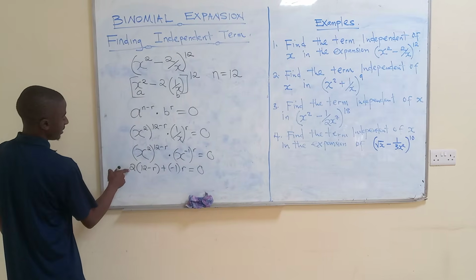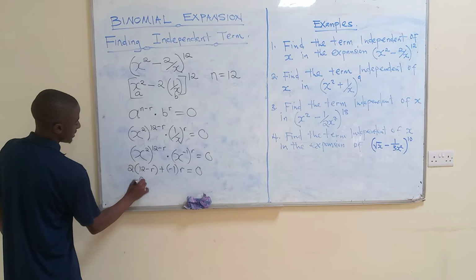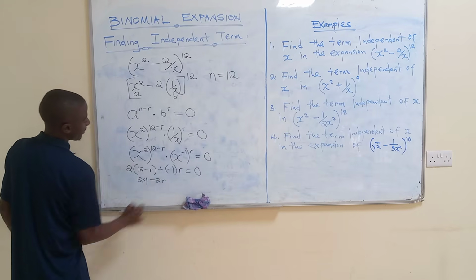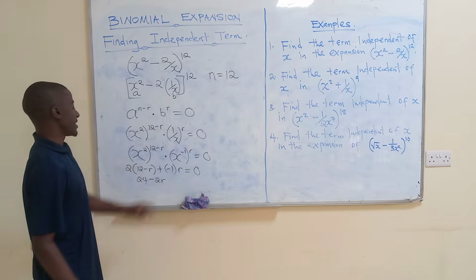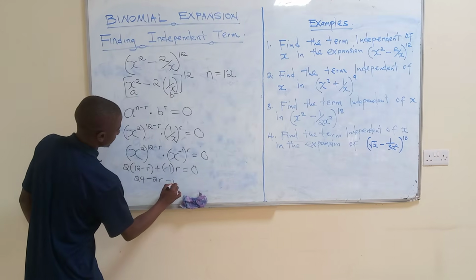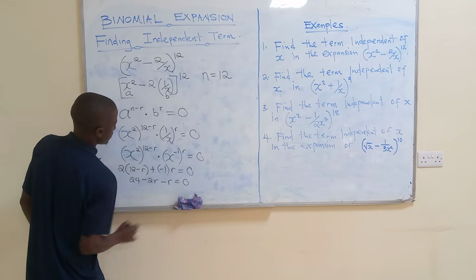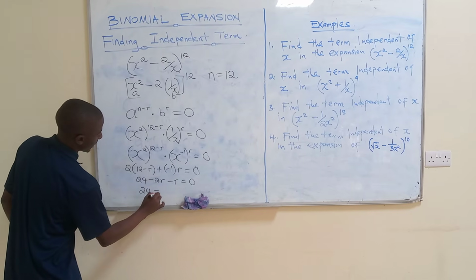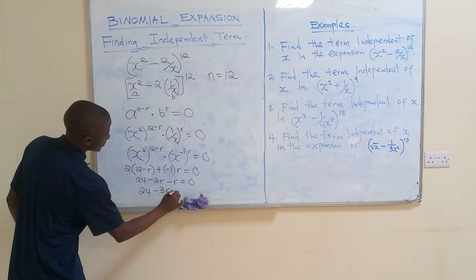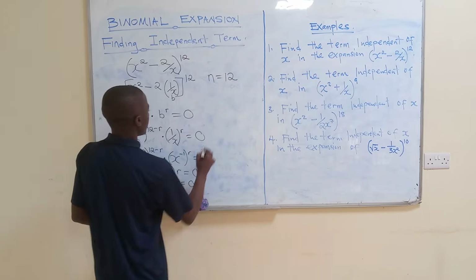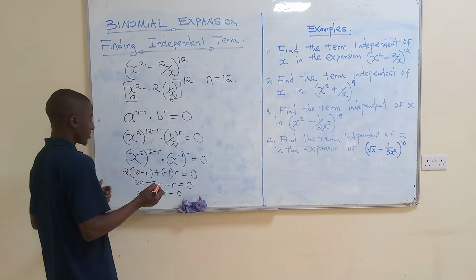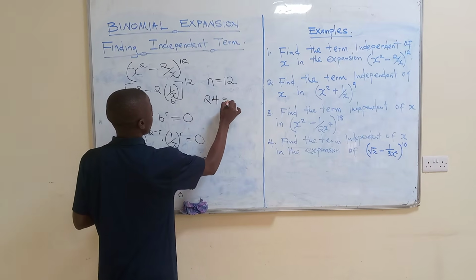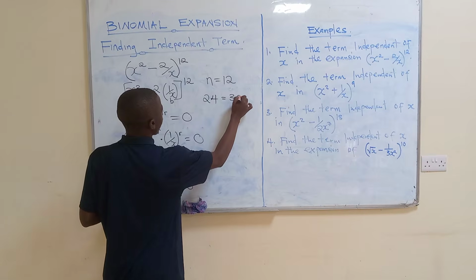So 2 times 12 is 24, 2 times r is negative 2r, and positive times negative is negative r, equal to 0. So that is 24 minus 3r is equal to 0. Making r the subject of the formula, 24 is equal to 3r, so r is 8.